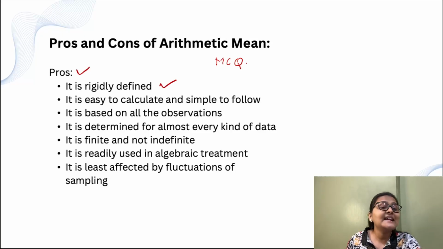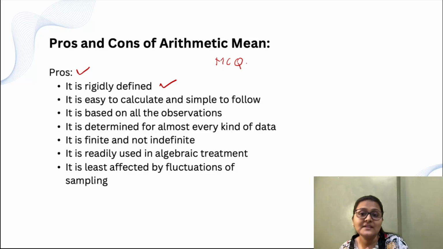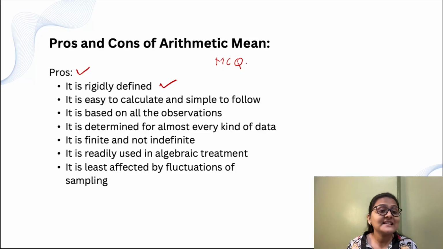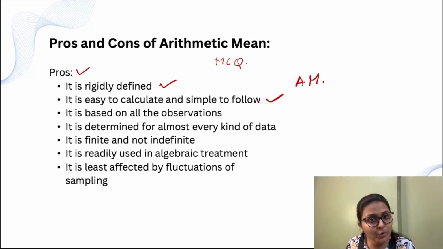Firstly, it is rigidly defined. The arithmetic mean is always specifically defined. It has a certain numerical value. Right. Next, it is easy to calculate and very simple to follow, because weighted average mean and arithmetic mean both are simple to calculate, as we have seen.